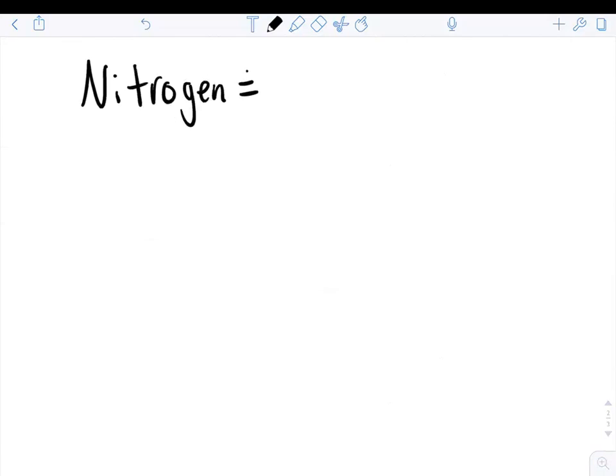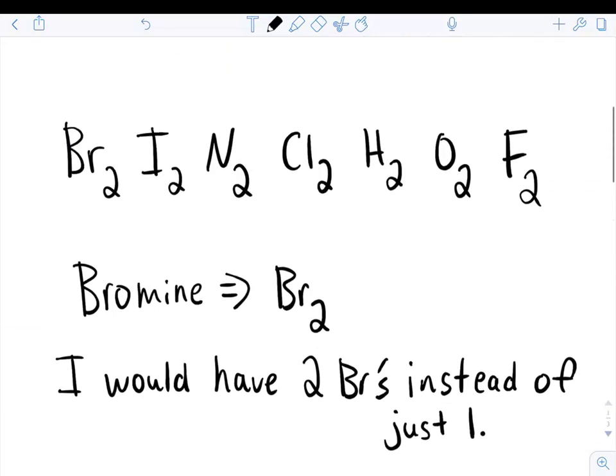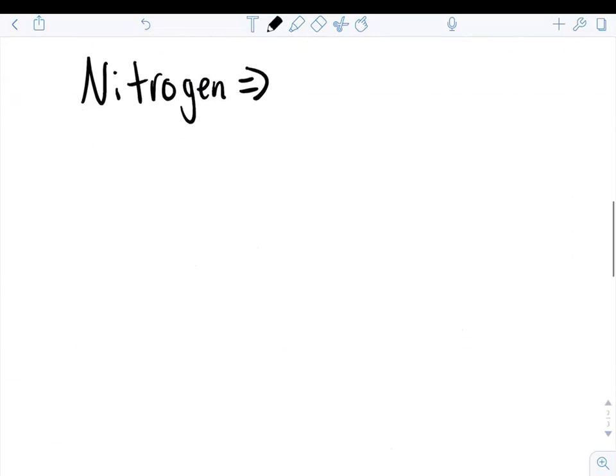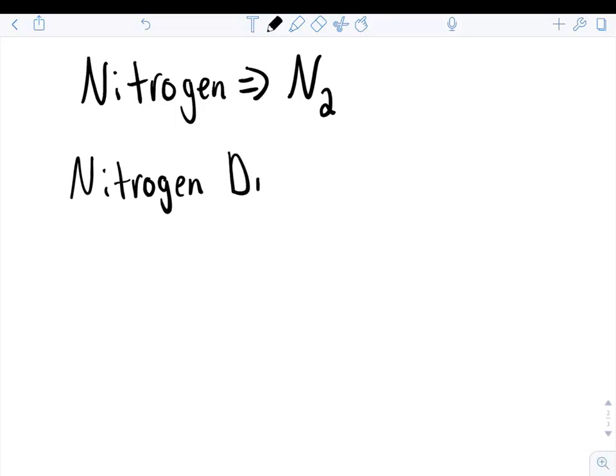So, if I see just the word nitrogen by itself, then that's going to be part of this Brinkelhoff where we're going to have N2. But if I saw nitrogen dioxide, then that's going to be NO2.